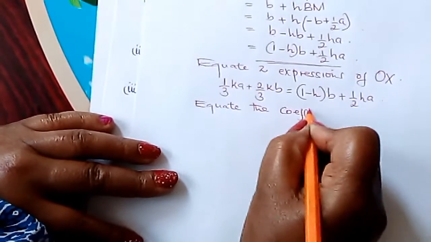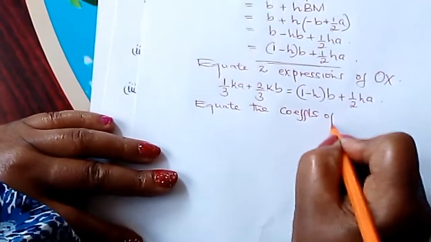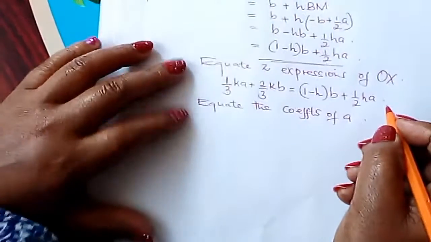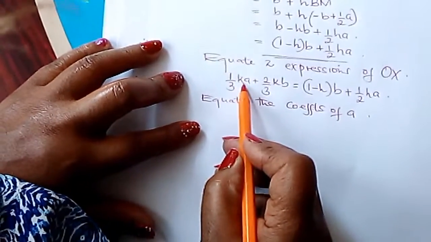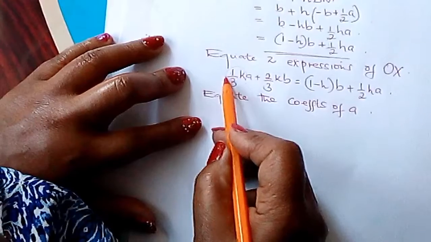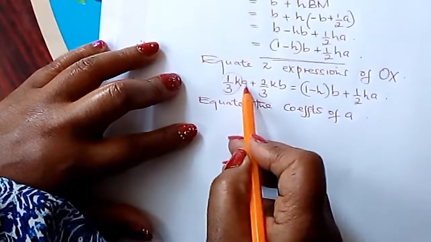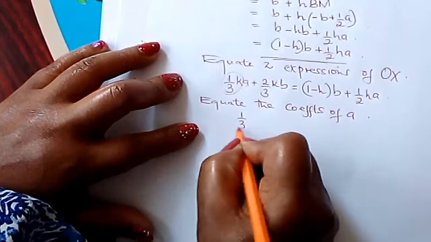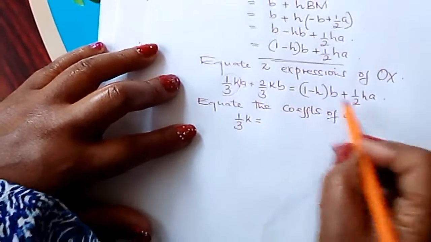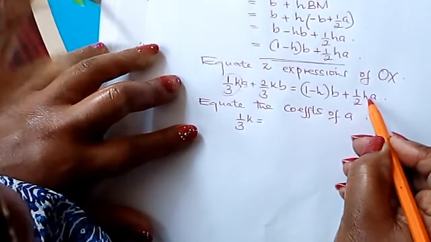Let me write it in short like that. The coefficients of A. Equate the coefficients of A. You come to this side. You take the coefficient of A, the number that multiplies your A. This is a third of K. Is equals to what? You go to the right hand side. You do the same.